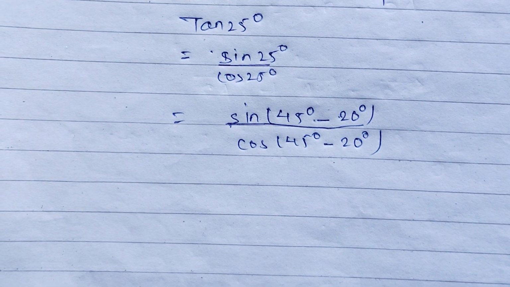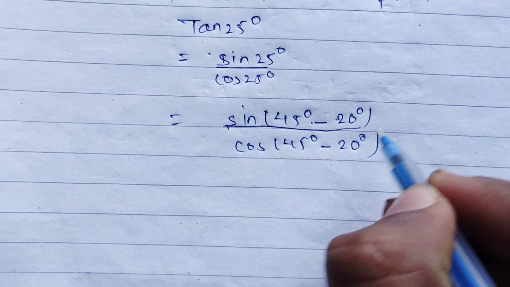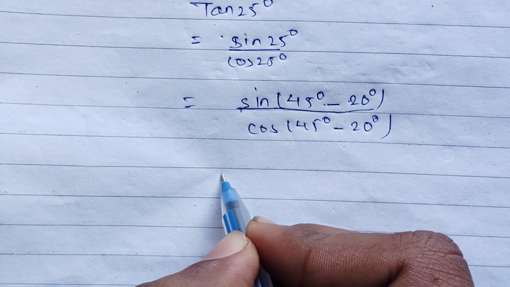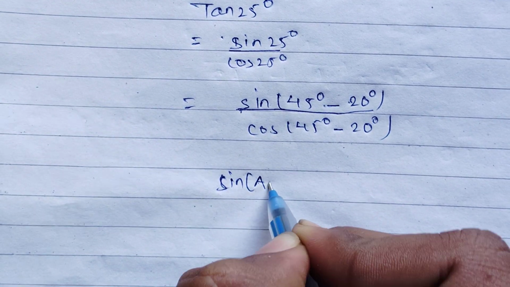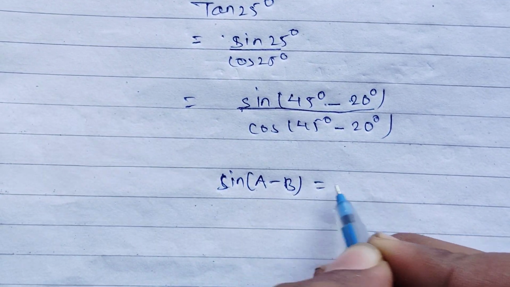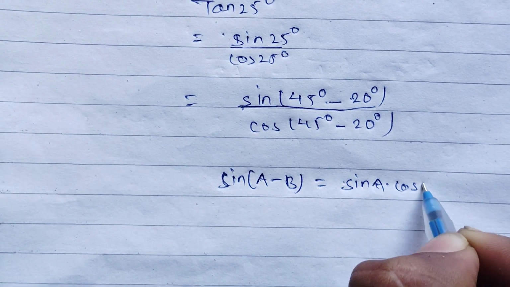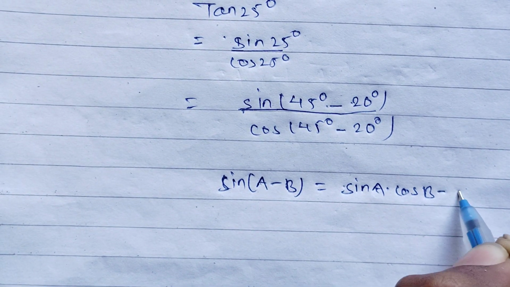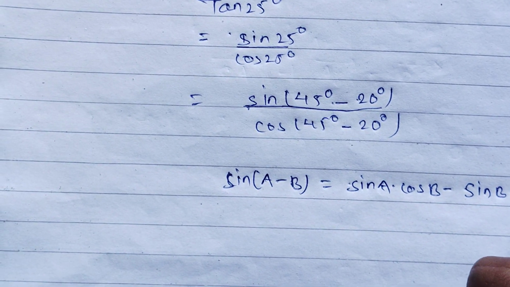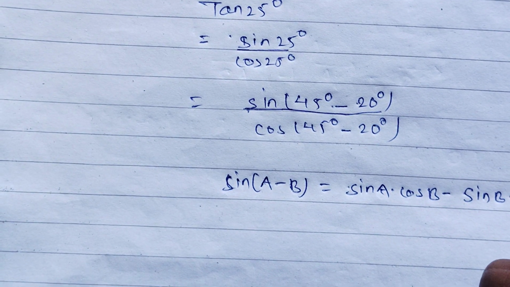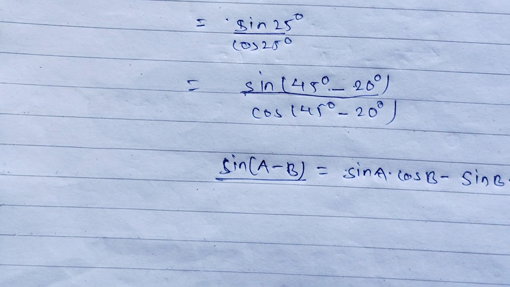In compound angles there are various types of formulas. One of them is sine (A minus B) equals sine A into cos B minus sine B into cos A, and that is the formula of sine (A minus B).